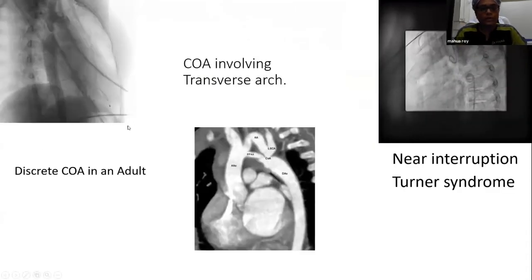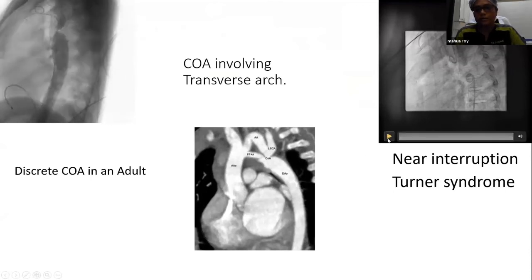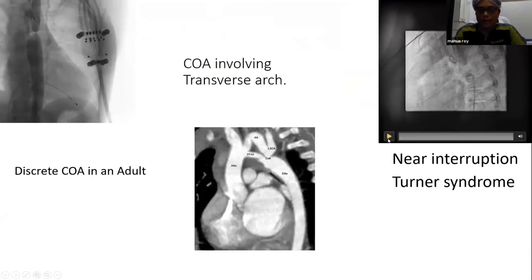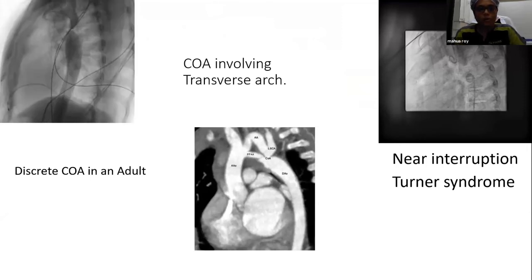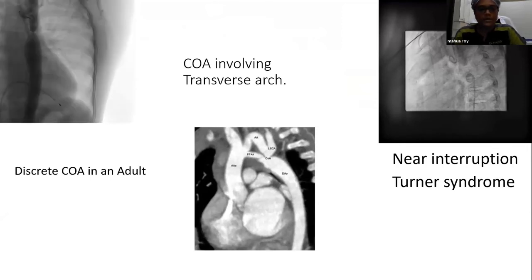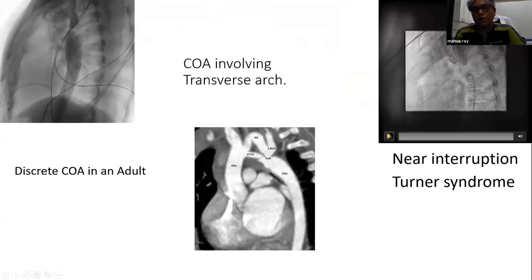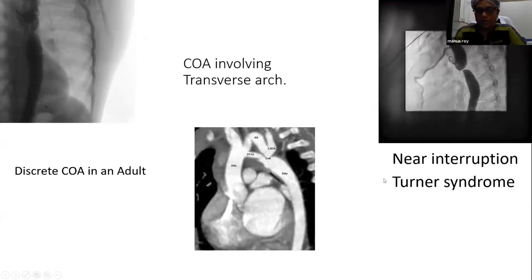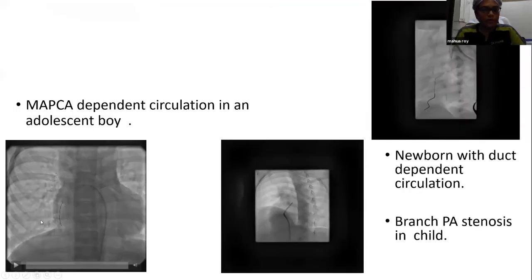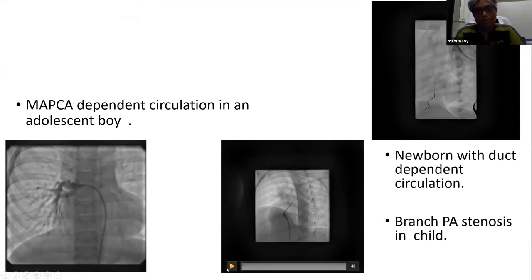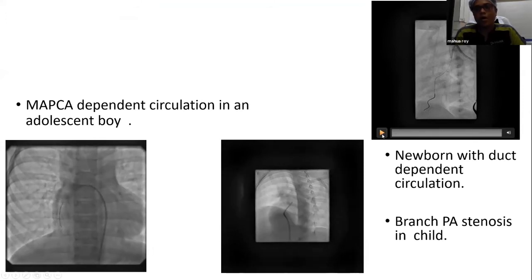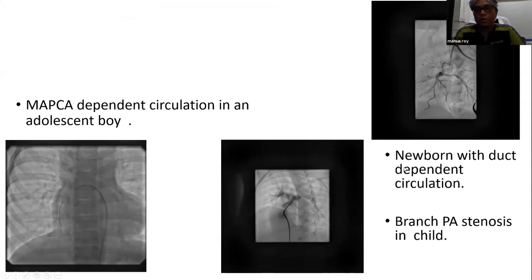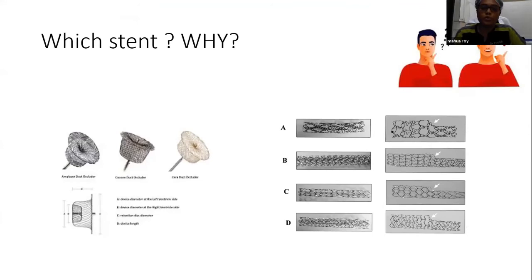My talk is understanding of hardware, that is stent. If I show you this specific case scenario and ask you what kind of stent you would like to put in such scenarios, like discrete coarctation in an adult, or transverse arch coarctation or near interruption in a Turner syndrome patient, or MAPCA dependent circulation in an adolescent boy, or unilateral branch pulmonary artery stenosis in a child, or a newborn with ductus, I know that I will get the right answer most of the time.